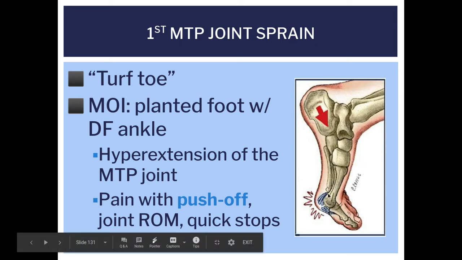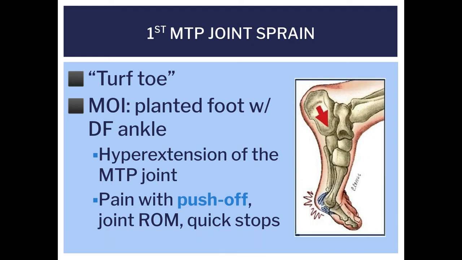Sometimes when they're pushing off, they overstretch this ligament, and they can actually sprain it. There are ways to treat it. There are ways to tape it so that it's no longer causing you pain. But again, this is just another common injury that affects your toe.